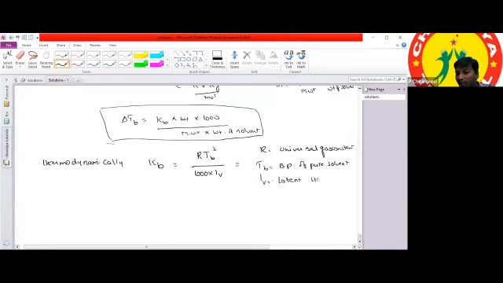In place of Lv we can also write delta Hv by M, where M is the molar mass of the solute.